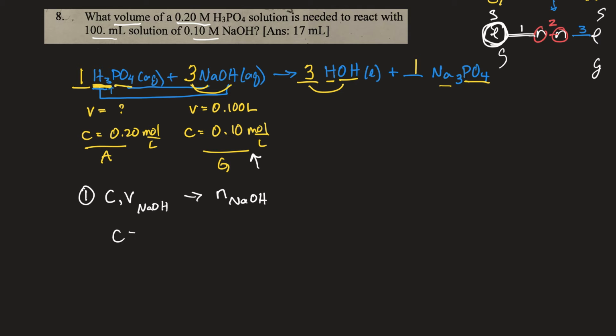Okay, formula C equals N over V. I want to solve for N, so I'll multiply both sides by V. So I get moles are equal to C times V. Okay, the concentration is 0.100 moles per liter times the volume.